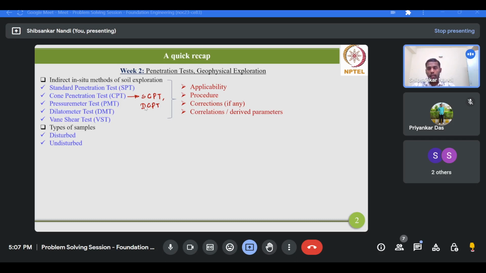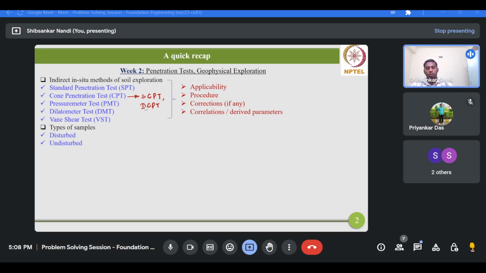On the other hand, for determining the grain size distribution or Atterberg limits or classifying the soil, you can use a disturbed sample. Whereas the undisturbed sample is required for determining shear strength properties, consolidation parameters, and hydraulic conductivity.